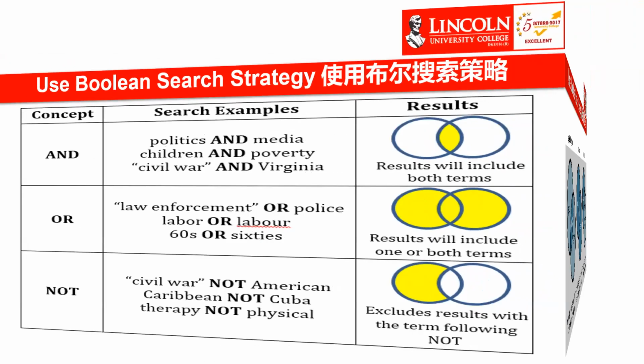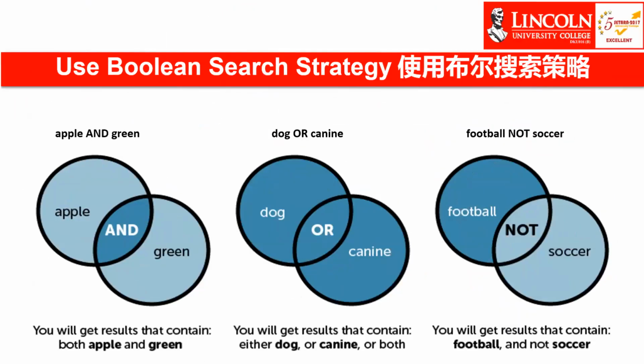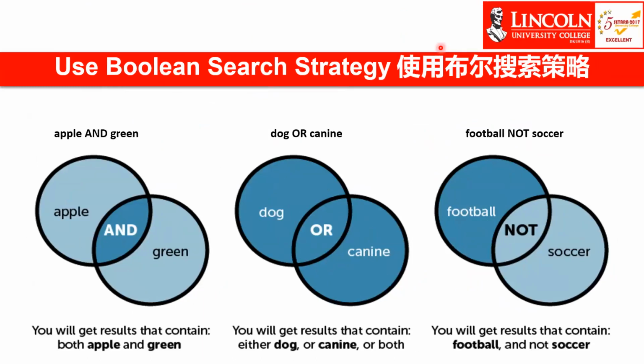Now, another example on this: apple and grain. This will give you results that contain both apple and grain. Dog or canine. This will give results that contain either dog or canine or both.